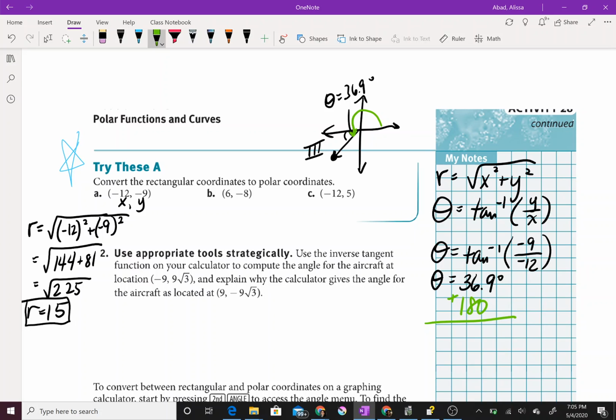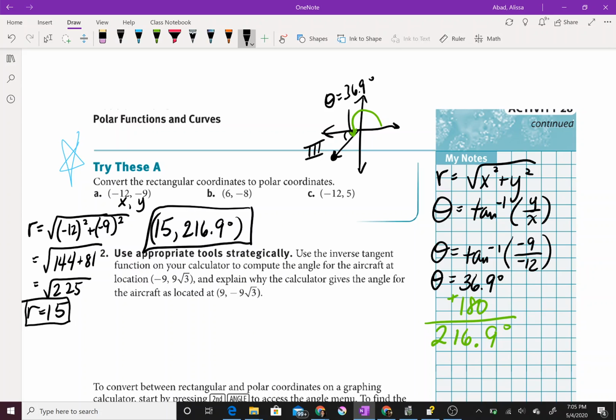That is going to be 216 degrees and 9/10. So approximately 216.9 degrees for that. My final answer then is -12, -9 is converted to 15, 216.9 degrees.